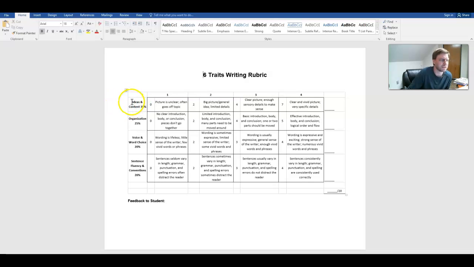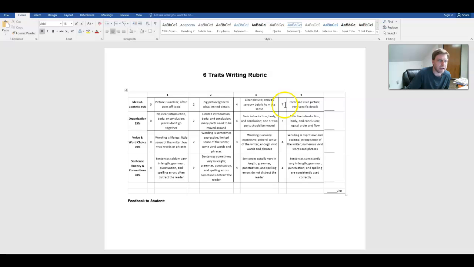But it weighs this first category significantly more. So you see that ideas and content are worth 35%, where sentence fluency and conventions down here weigh only 20% of the student's overall grade. And so we still have the designation of you are beginning, you are progressing, you are proficient, you are above proficient in terms of these numbers.